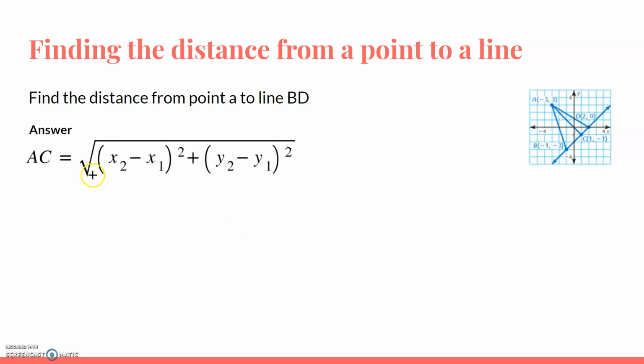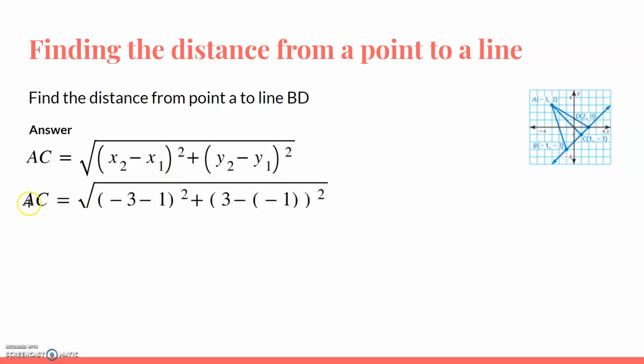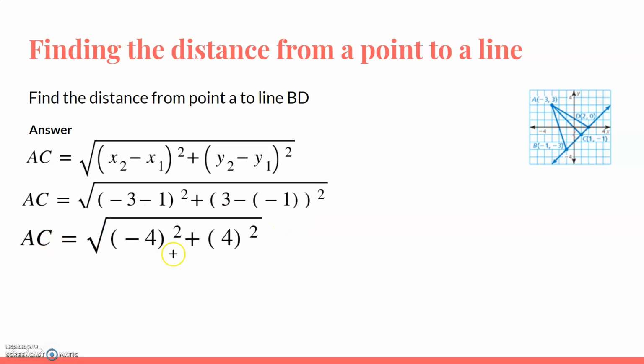AC is equal to the square root of x2 minus x1 squared plus y2 minus y1 squared. Let's plug in our values. So that gives us AC is equal to the square root of negative 3 minus 1 squared plus 3 minus negative 1 squared. When we simplify, AC is equal to the square root of negative 4 squared plus 4 squared.